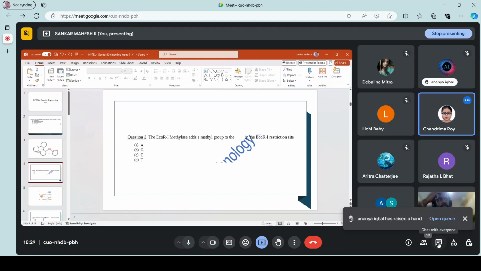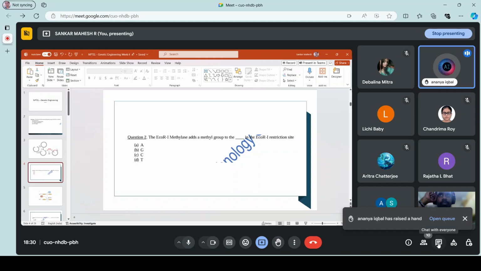Yes, sir. A methylase puts methyl groups on the DNA strand to protect the DNA from cutting its own gene. Good. Yeah, Ananya.